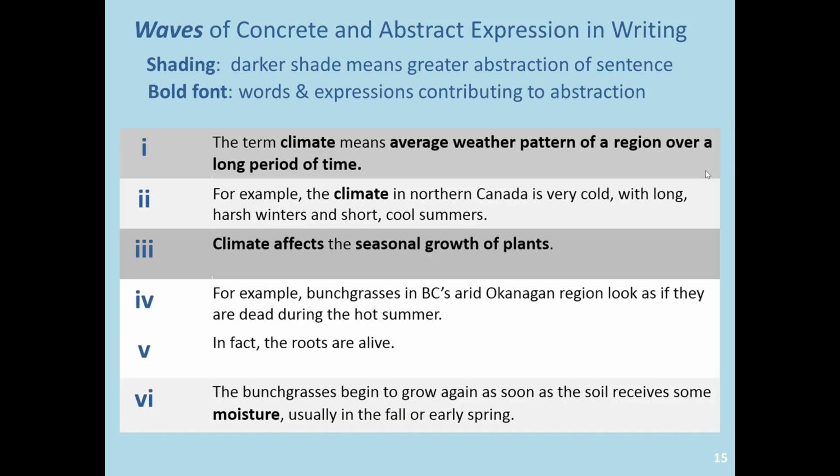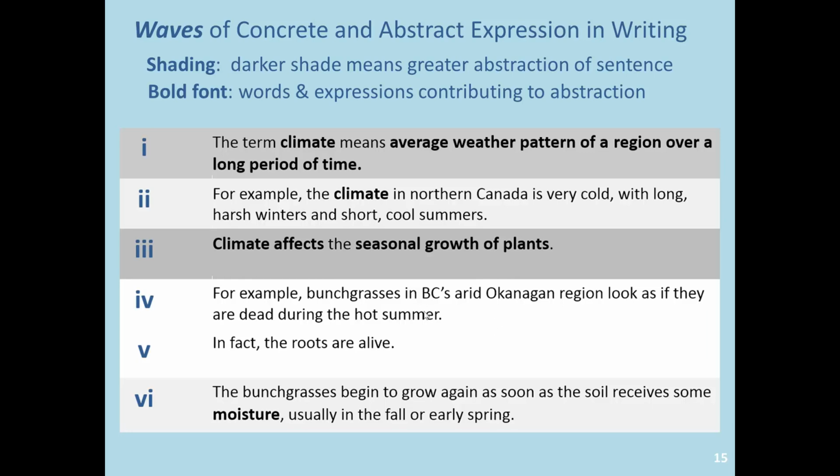So again, what we see is that this text begins relatively abstractly, then moves to talking about very concrete things, about it being cold and harsh winters and cool summers, and then to the most perhaps abstract sentence in this paragraph, talking about the causal relationship between climate and this abstract idea, seasonal growth of plants.